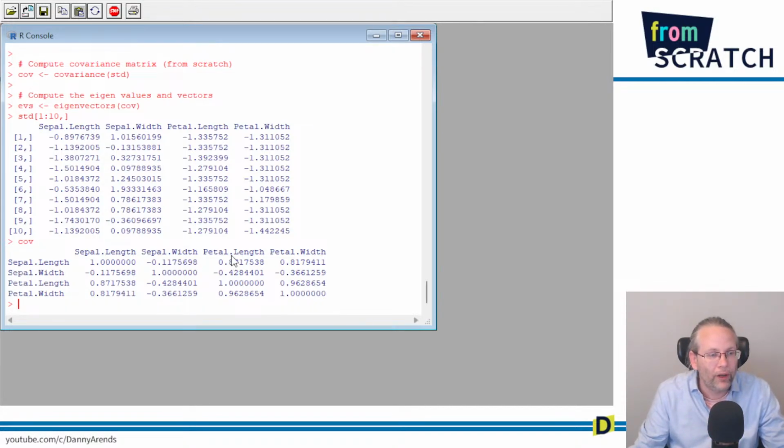While the sepal length and the petal length are really correlated with each other. Or I'm saying correlated, but they co-vary with each other quite a lot. 0.87, that's pretty high. That means the longer the sepal of a flower, the longer the petal of a flower.